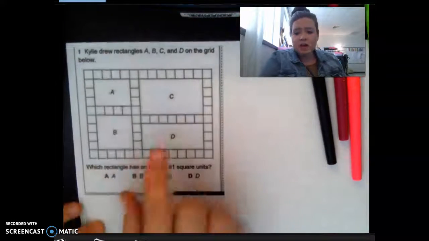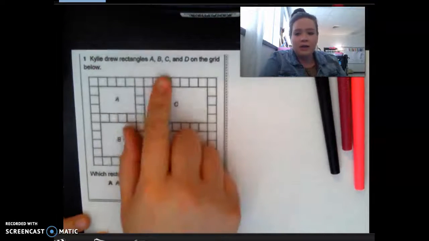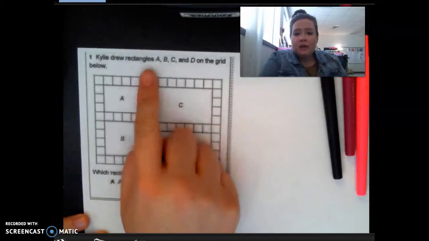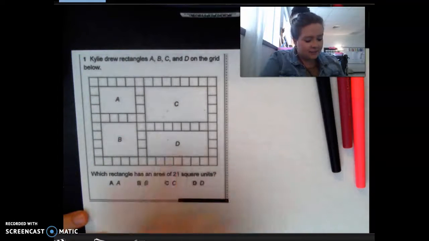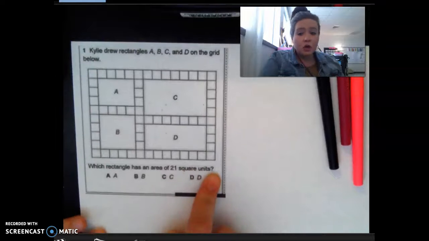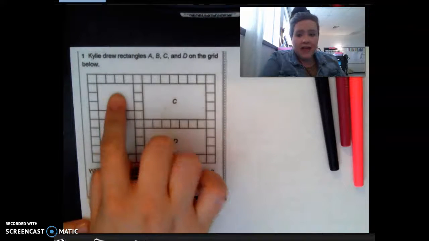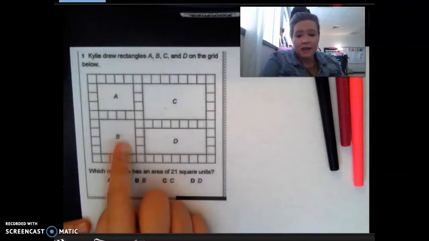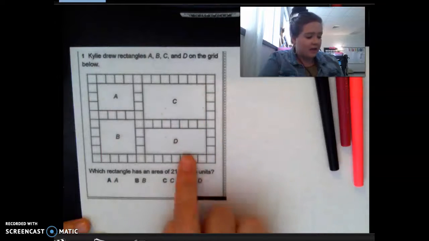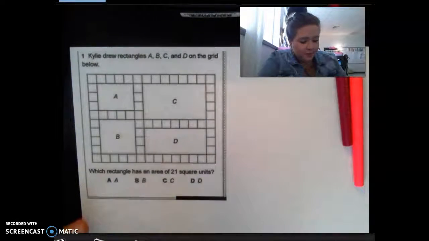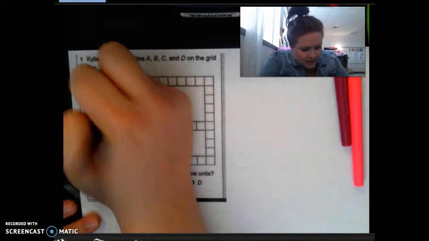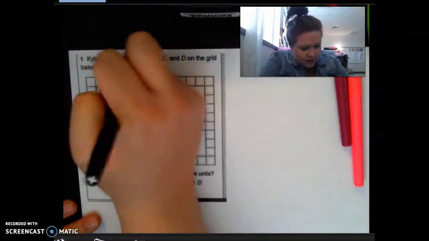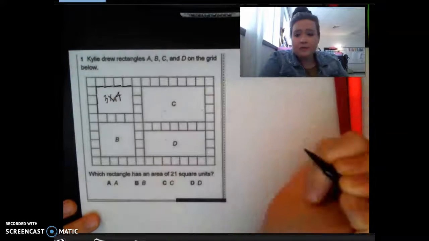I'm not going to solve this problem, but I want to talk about it really quickly. Kyle drew rectangles A, B, C, and D. Which rectangle has an area of 21 square units? So you would have to find the area of A, you need to find the area of B, the area of C, and the area of D, okay? This has 1, 2, 3 times 1, 2, 3, 4.